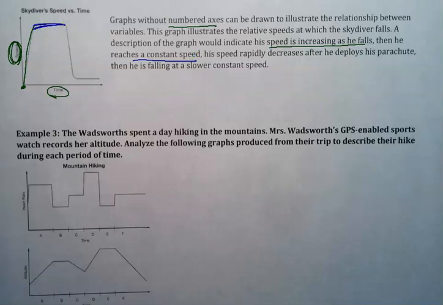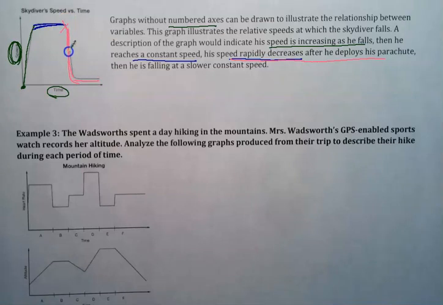All right. Then his speed rapidly decreases after he deploys his parachute. So this right here is the moment that he pulls the ripcord and deploys his parachute. Then he starts slowing down, and he's falling at a slower constant speed until he comes here.